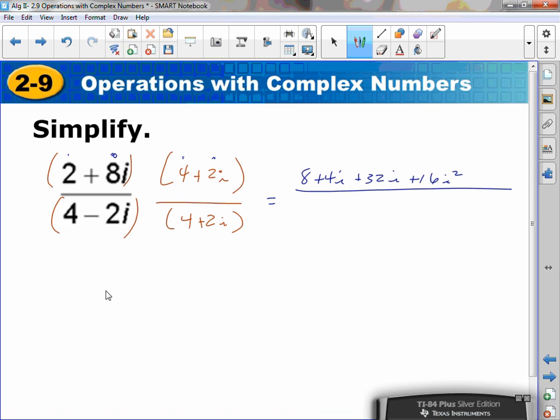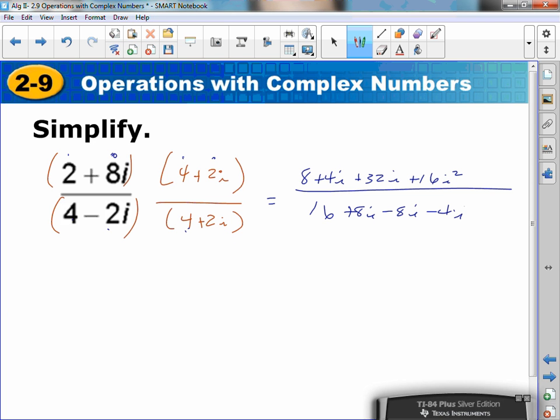On the denominator, what's 4 times 4? 16. What's 4 times 2i? Plus 8i. What's negative 2i times 4? Negative 8i. And what's negative 2i times positive 2i?